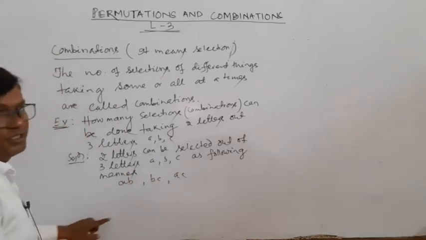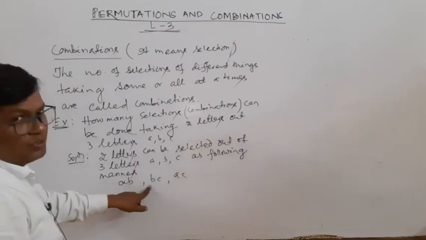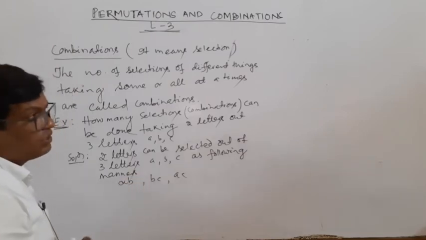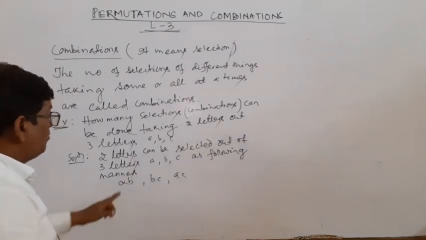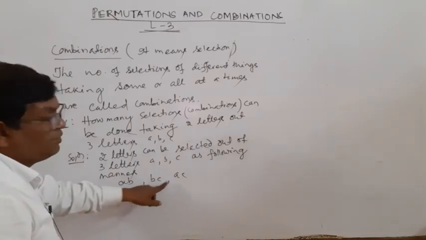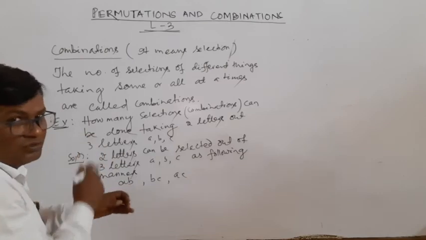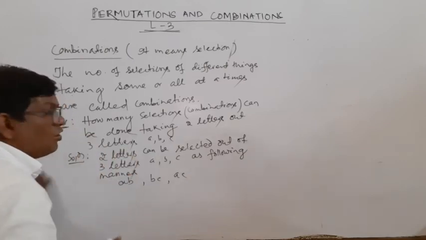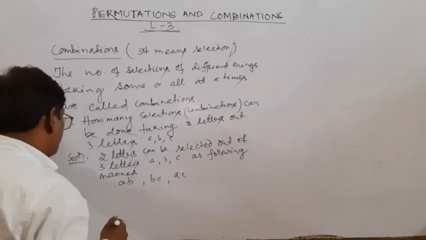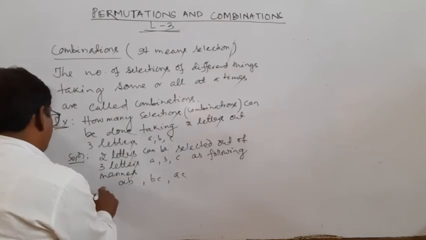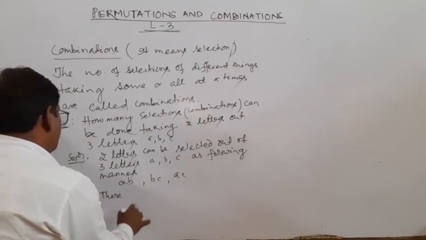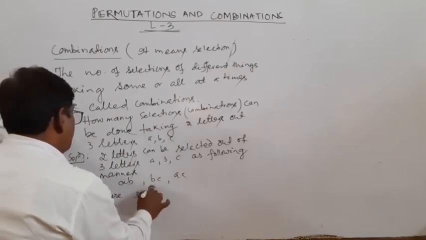Here AB is equal to BA, BC is equal to CB, AC is equal to CA, because it is selection, not order. So in this case, order is not counted. So there are three selections.